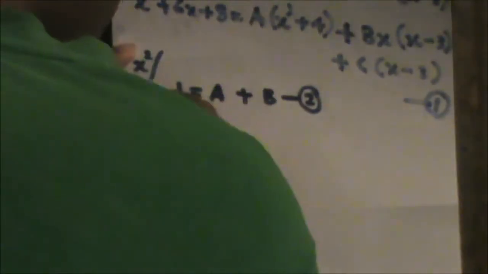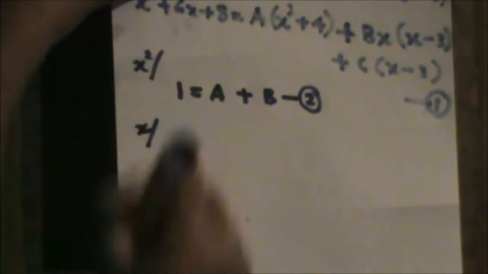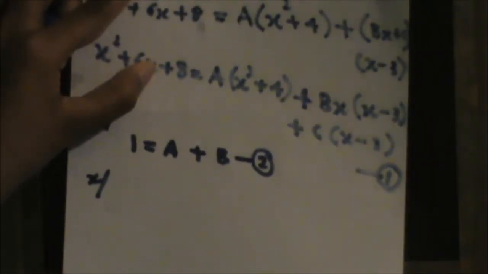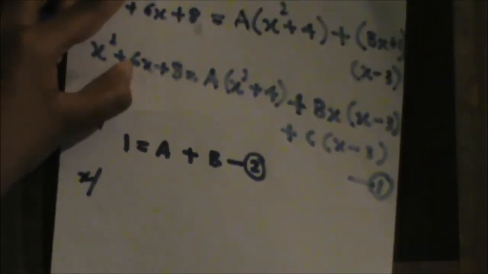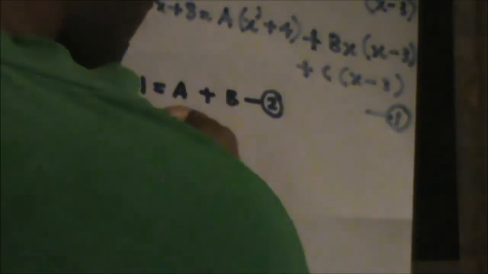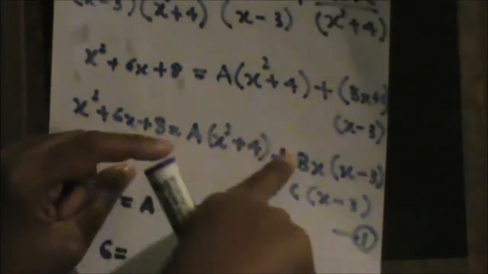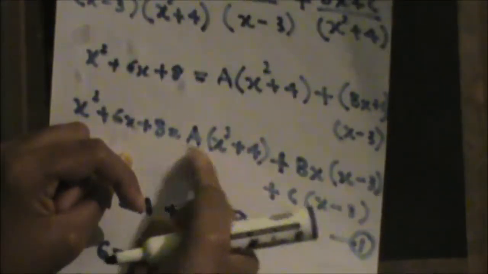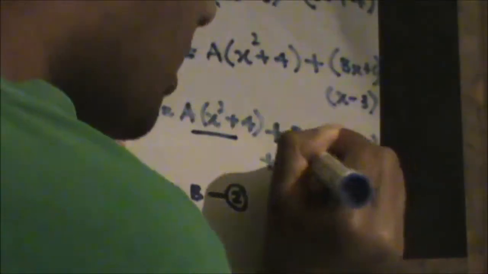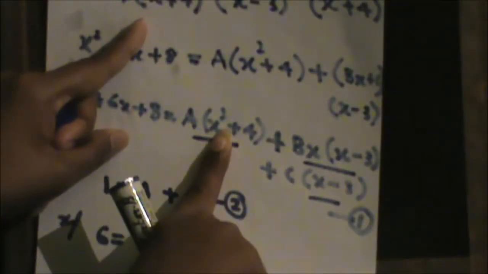And my third equation will be by equating the coefficients of x of both sides. In the left side, I am left with 6x, so the coefficient of x is 6. So I can write 6 equals. In the right side, a times x squared is ax squared, a times 4 is 4a, so I am not left with a coefficient of x from this term. These are 3 terms, right? In this term, I am not left with any coefficient of x.